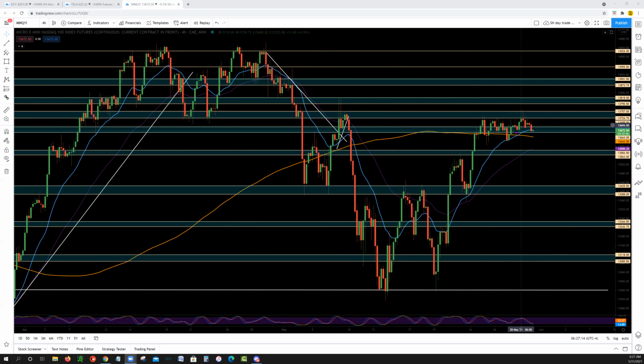And if you're wondering, how the heck do you use these zones? Well, if I get in at one point in the zone, then I have a clear stop, right? And sometimes I'll alter my stop based on candle structure.